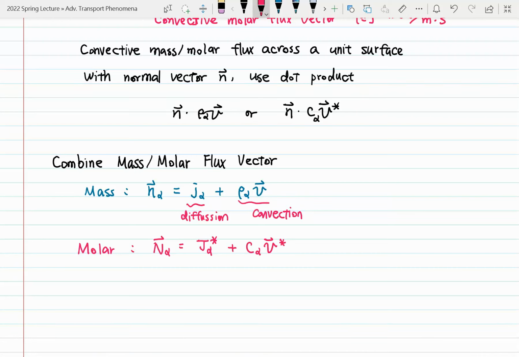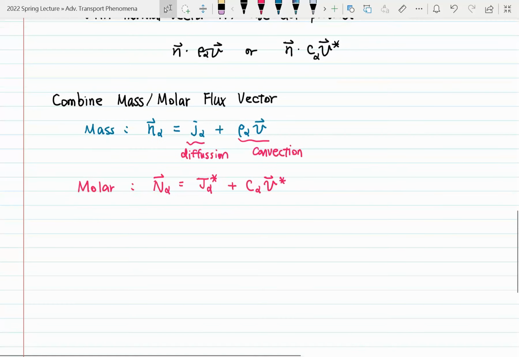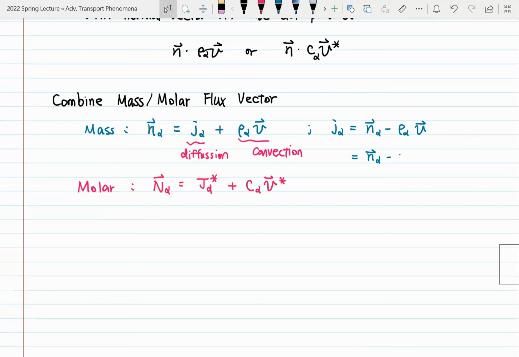Okay, so you can see something interesting here is that the diffusion flux equals to the overall flux minus the convective flux. So it becomes what? It becomes N alpha minus rho alpha times V, and that equals to N alpha minus the mass fraction of alpha times what?